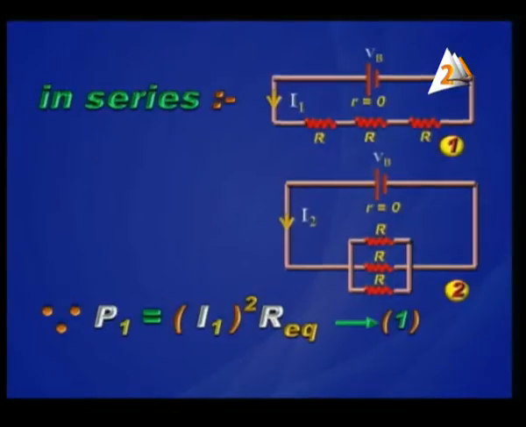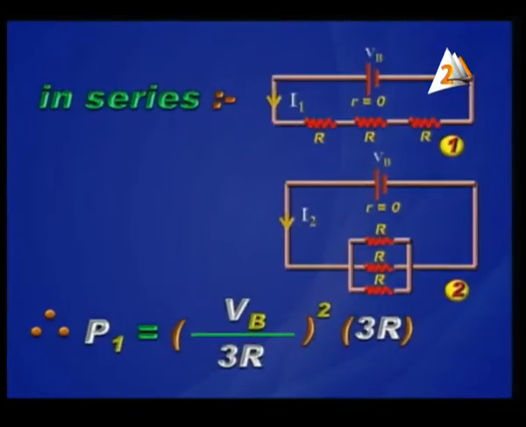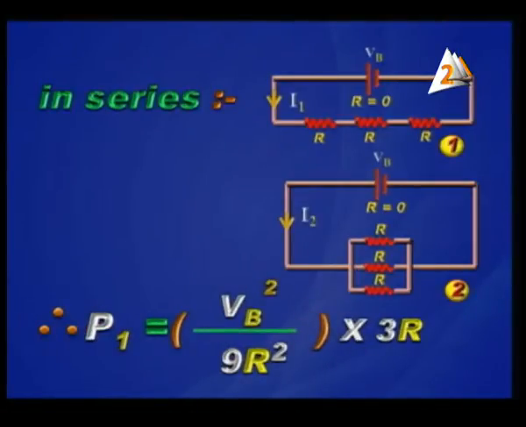So it is equal to I1 squared R equivalent; substituting for the current, it is equal to VB over 3R squared times 3R. So the power is equal to VB squared over 3R. This was about connecting the 3 lamps in series.